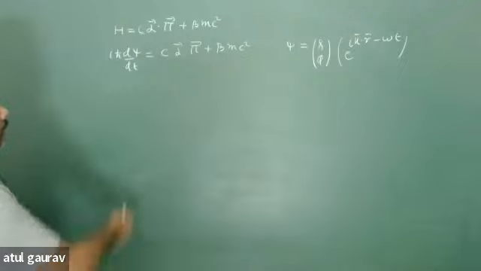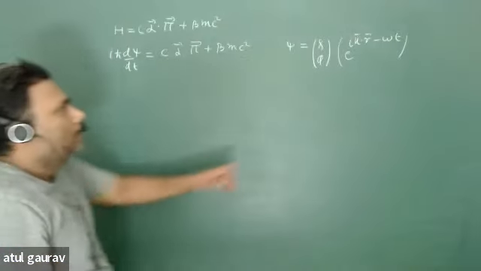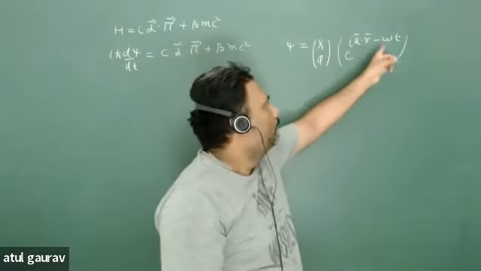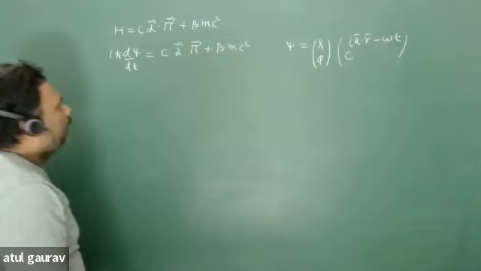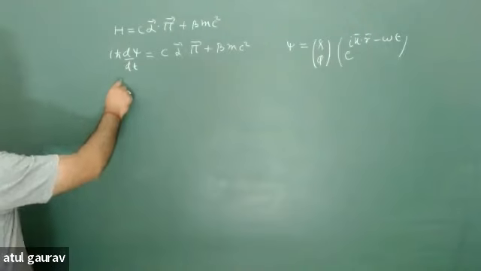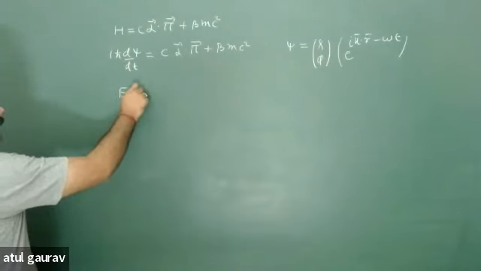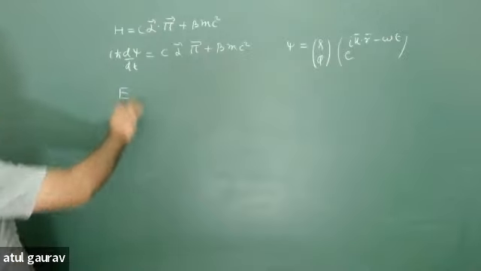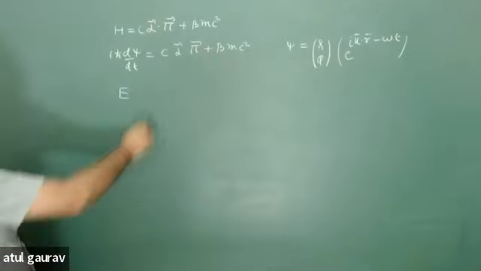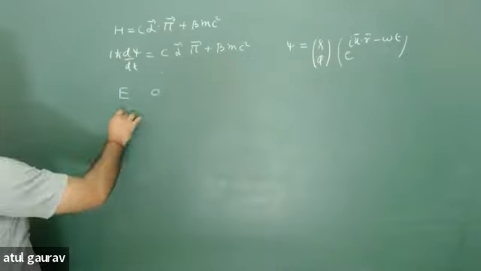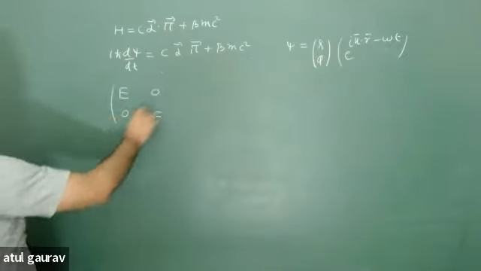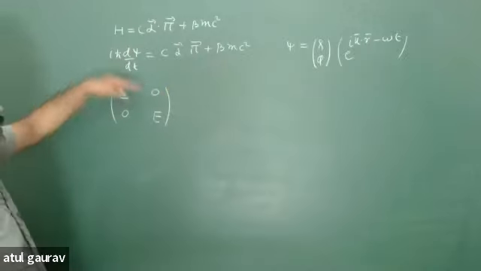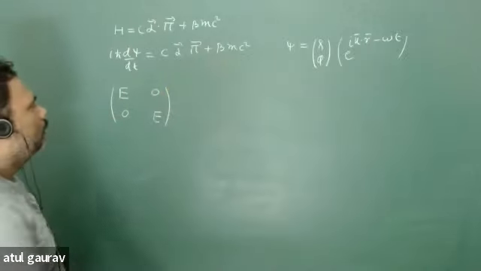This value has some energy, because if I divide by h cut here, then the time part will be associated with the energy. So this value is equal to E, and if I write E in matrix form, I can write this thing like this, isn't it? Yes, because this is the eigenvalue of this particular Hamiltonian.